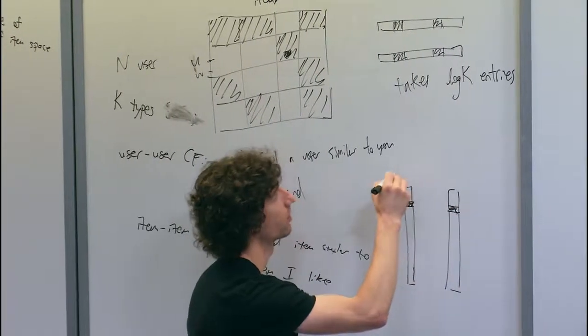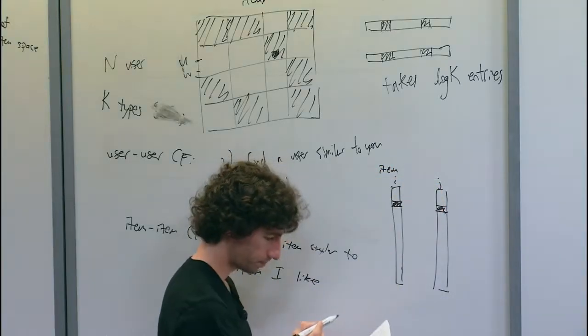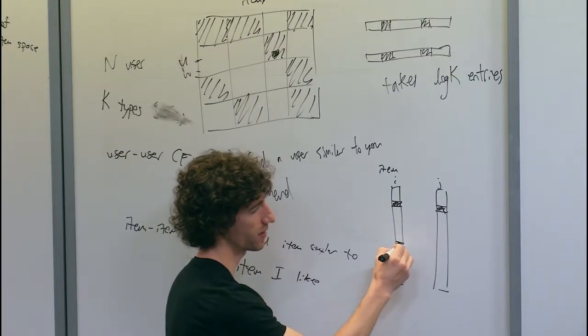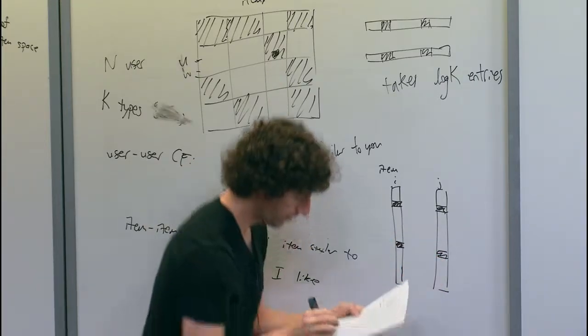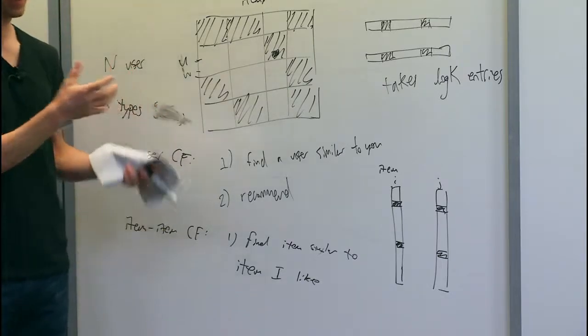So this is item I, item J. Item I and J are similar if most users agree on them. Now you can ask yourself, how in the world am I going to figure out if two items are similar? I can just sample a bunch of different users, have them rate both items, and I can get an estimate of the inner product of these two columns. So this seems sort of trivial.